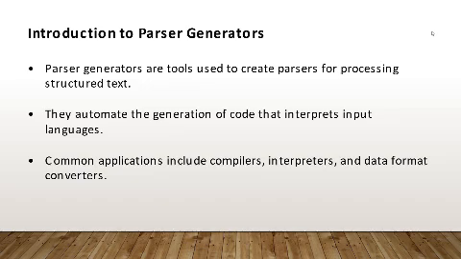Introduction to Parser Generators. Parser generators are tools designed to create parsers, programs that analyze and process structured text such as programming code or data files. Instead of writing parsers manually, these tools automate the generation of code that understands and interprets various input languages, saving both time and effort.